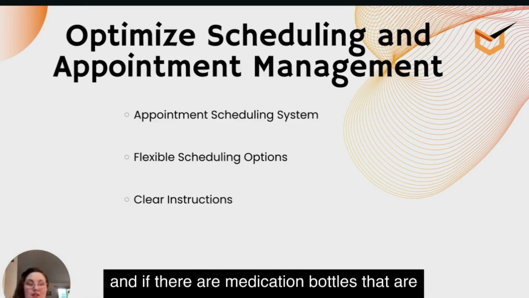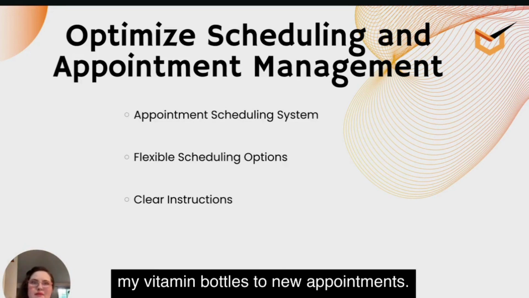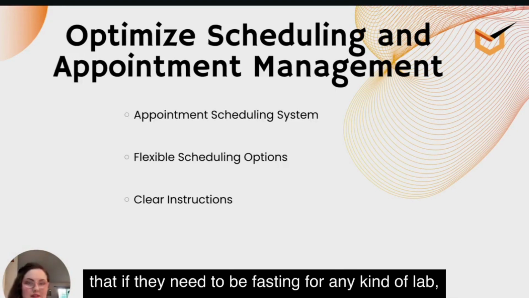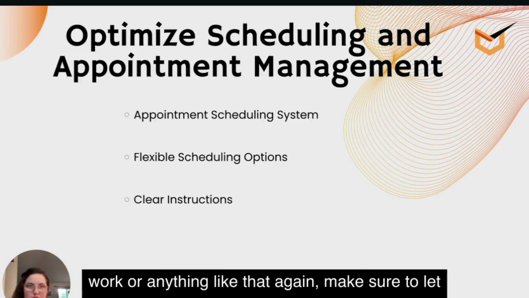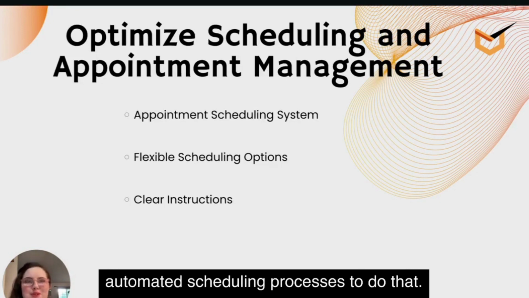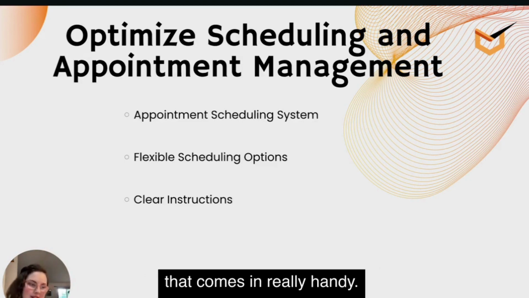And if there are medication bottles that are expected, a lot of times I have to bring all my medication and my vitamin bottles to new appointments. Make sure to let them know that. If they need to be fasting for any kind of lab work or anything like that, again, make sure to let them know. And you can utilize those automated scheduling processes to do that. So that's another place where that comes in really handy.